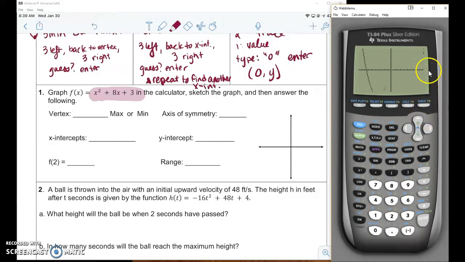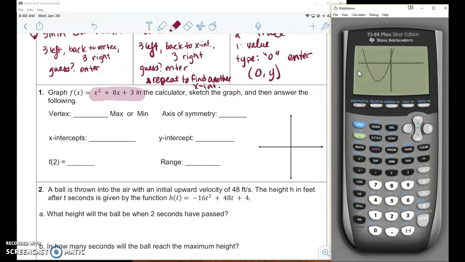First, I'm going to take a look at the graph and sketch it. Oh, I notice here that I can't see the vertex, so I'm going to adjust my window. I need for my y values to go down a little more. So my y minimum right now is at negative 10. I'm going to make it negative 20 and see if that works. Perfect, now I can see my whole graph.